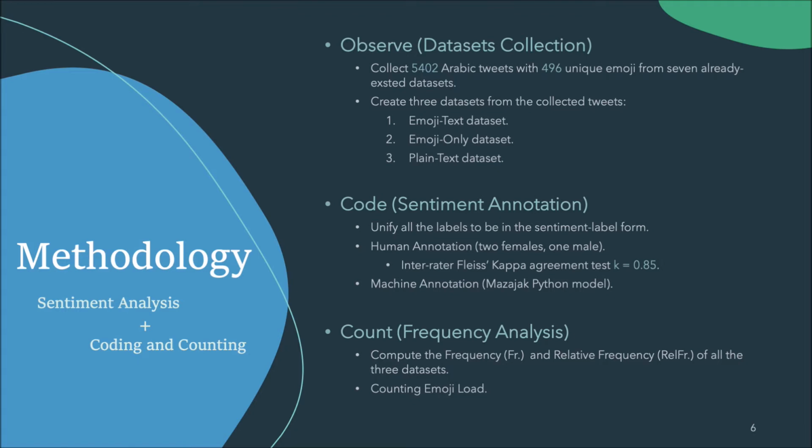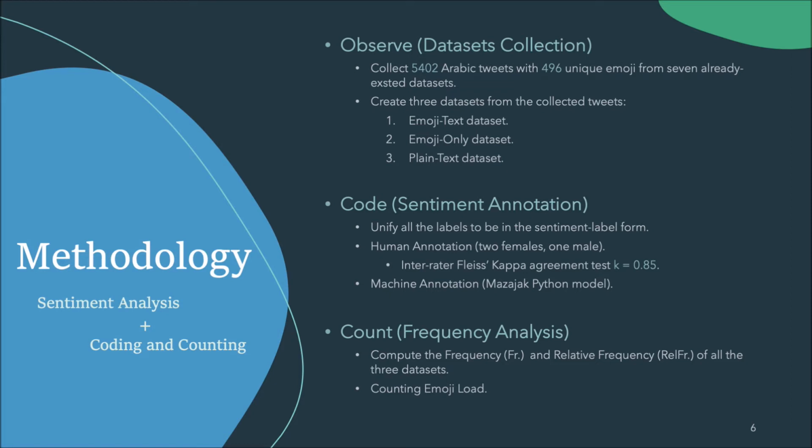In the coding phase, all of the text in the emoji text dataset was human annotated with either sentiment labels or emotional labels. For simplicity, we unified all the labels to be in the sentiment label form. For the emoji, each emoji in the emoji-only dataset was manually annotated.